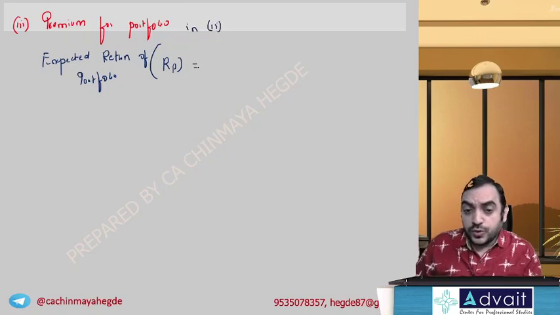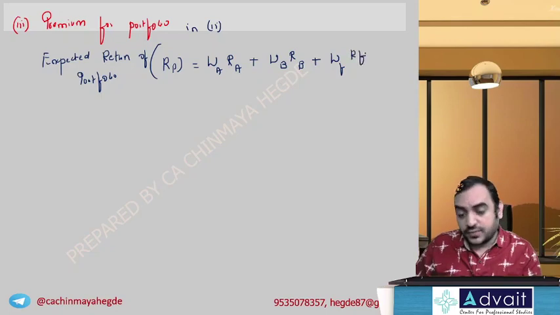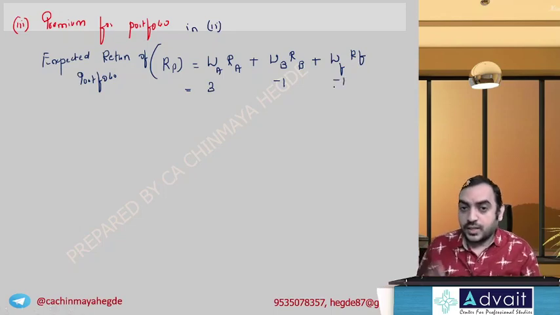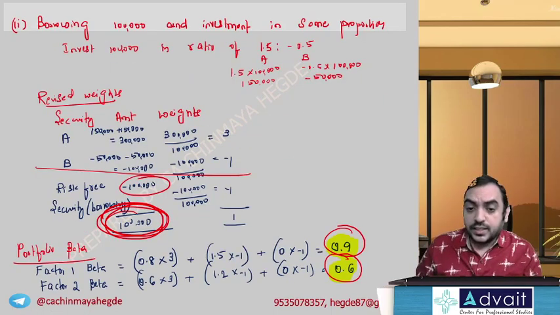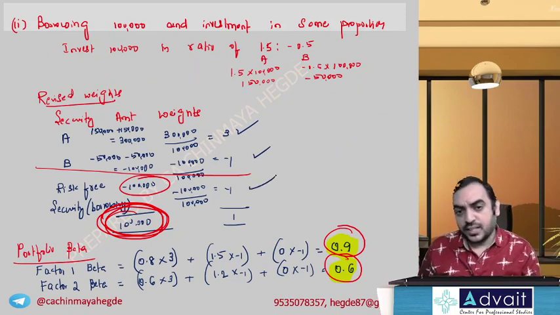So we will do weight in security A into return of security A, plus weight in security B into return of security B, plus weight in the risk-free security into return of the risk-free security. The weights we calculated here are 3, minus 1, minus 1.